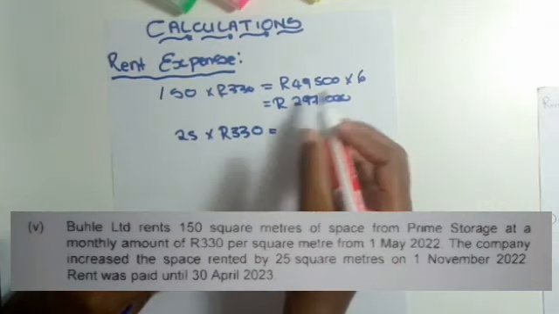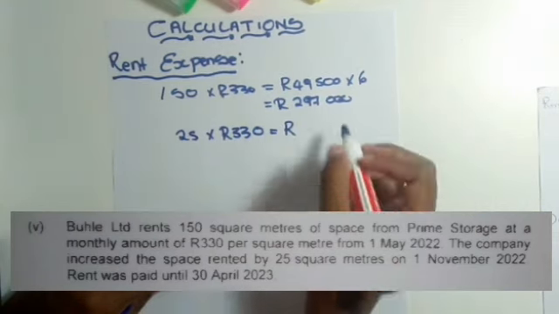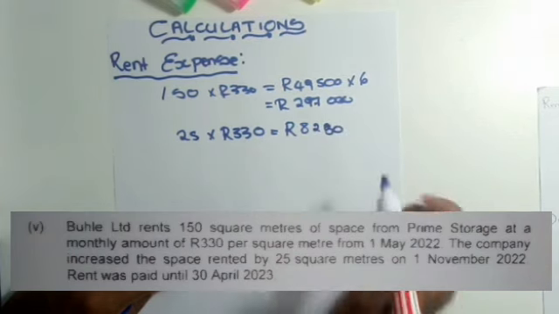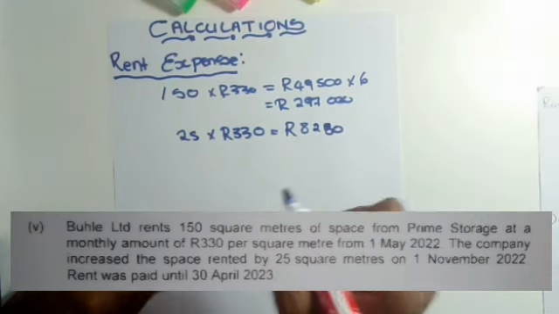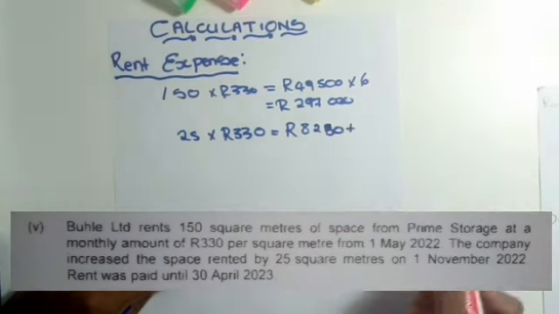So now this increase itself, not including the original amount, will give me a total of 8,250. Now that 8,250 is just an increase. I have not really included in it the amount that I paid before my increase, which is 49,500.